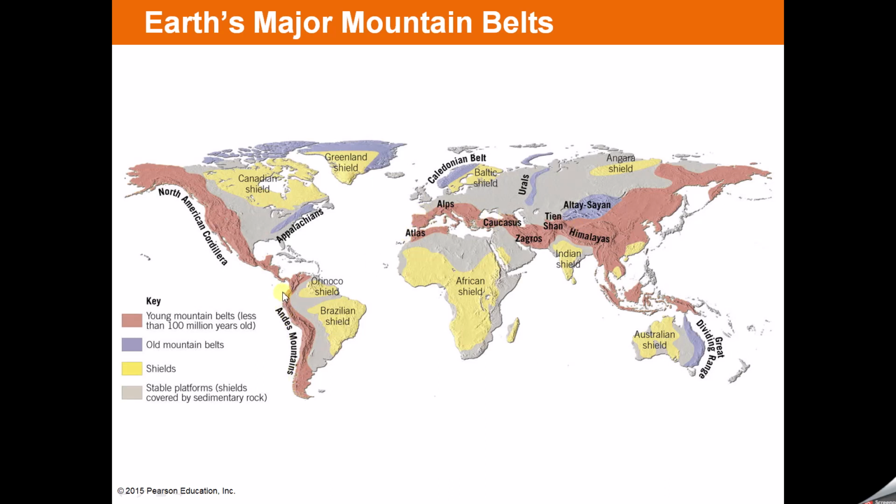In here we have Andes Mountains, and we have North American Cordillera, those young mountains, less than 1 million years ago. All mountain belts in these magenta colors, like Caledonia, Urals in Russia, Caledonia in Europe, Appalachians in North America. And we have more here.